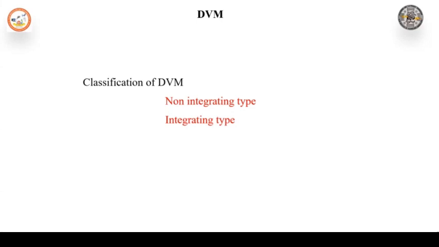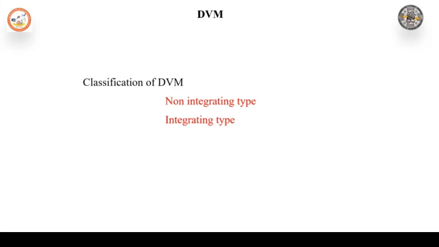The non-integrating type digital voltmeters are further classified as potentiometric type and ramp type. The potentiometric type is again subclassified as servo potentiometric type, successive approximation type, null balance type. Similarly, ramp type is also subclassified as linear type, staircase type.